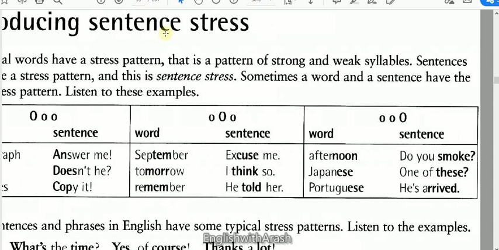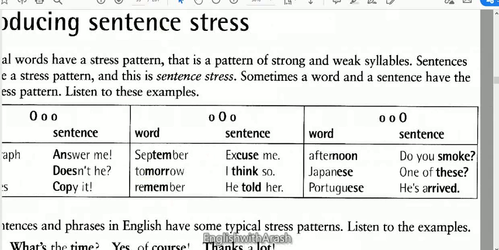Afternoon, do you smoke? Japanese, one of these. Portuguese, he's arrived. It's the same stress patterns that you see here. So these are just some more examples.